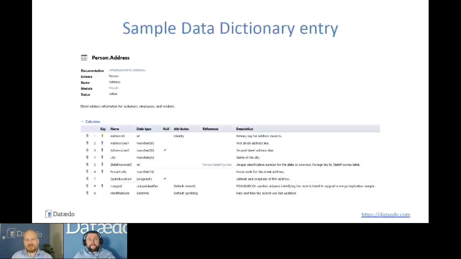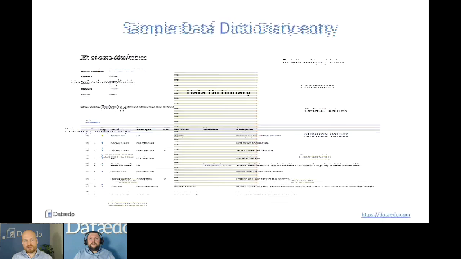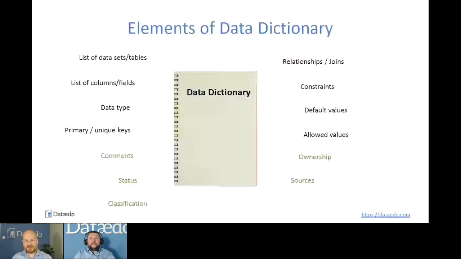Okay, so let me talk more about those descriptive fields, those elements. I discussed that the key elements are the list of tables and columns, and you have other technical attributes like the data type.